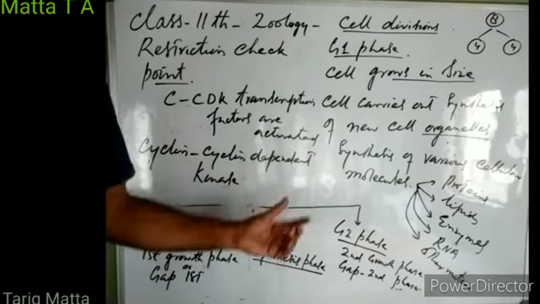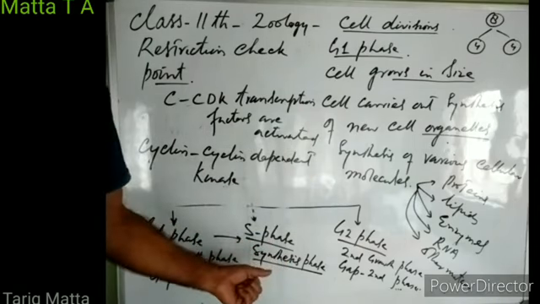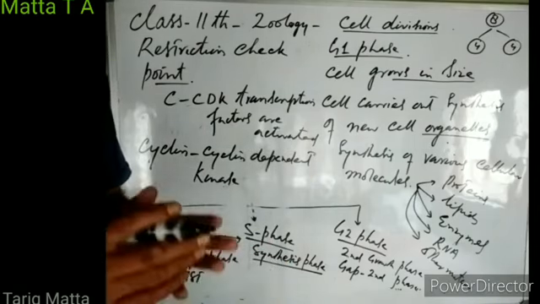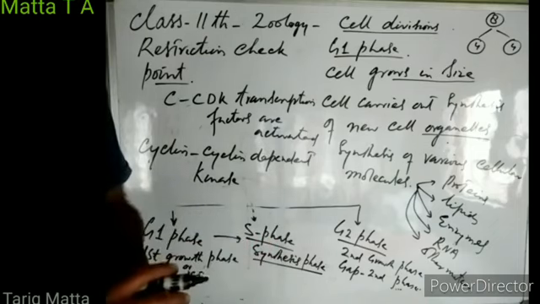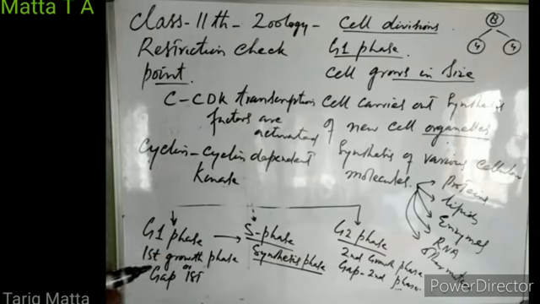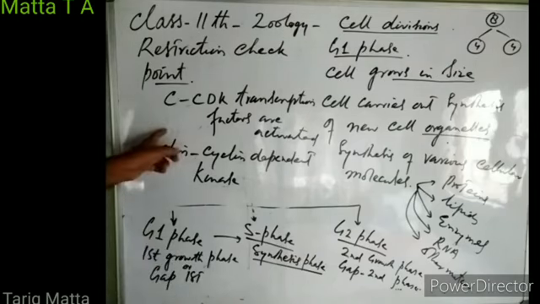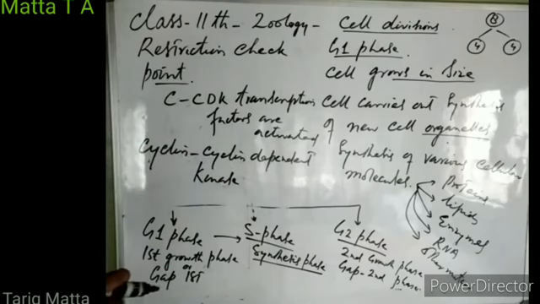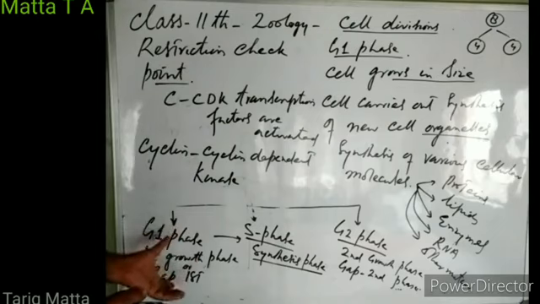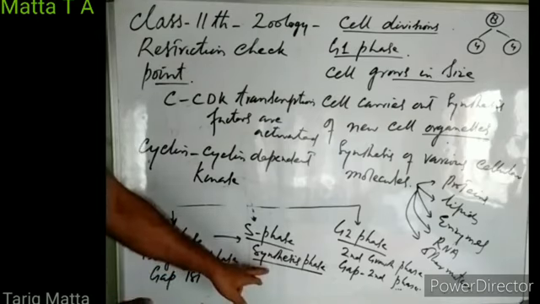So the cell will only proceed into S phase when it has all the necessary materials for going into S phase. So a series of enzymes is activated. Cyclin dependent kinase and transcription factors become active and they activate all the enzymes which are required in the S phase.